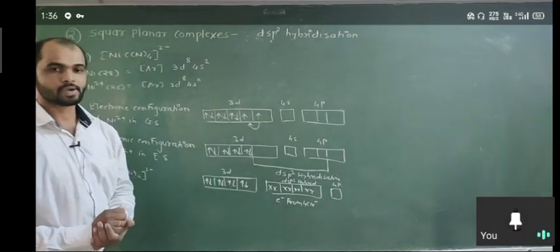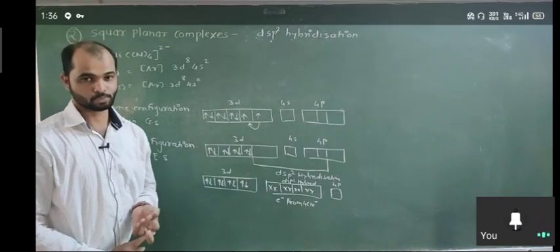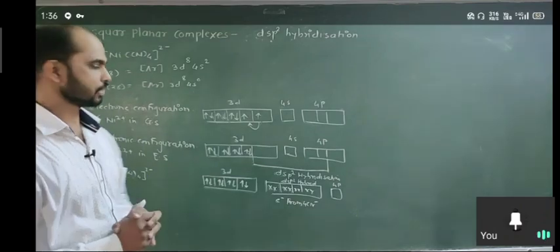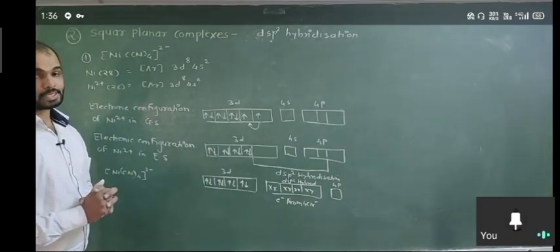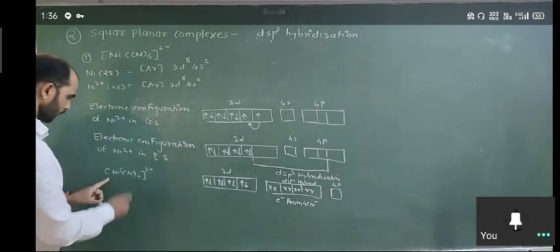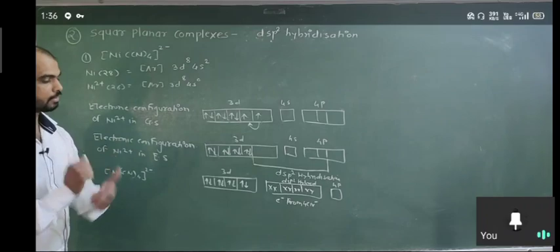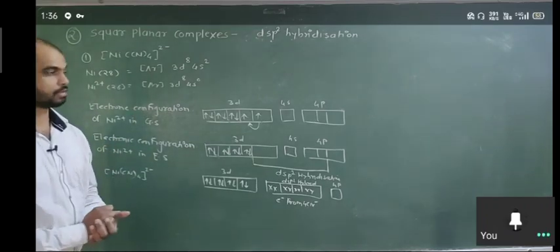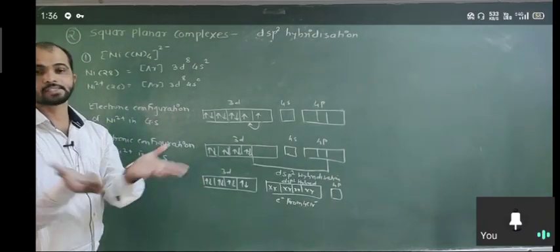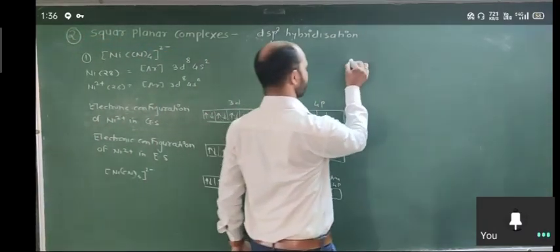So out of these 5, 1 d, 1 4s and 2 4p undergo dsp2 hybridization and form the 4 dsp2 hybrid orbitals which overlap with the 4 CN minus ions and form the complex which has 0 magnetic moment, hence it is diamagnetic in nature. So it is diamagnetic.